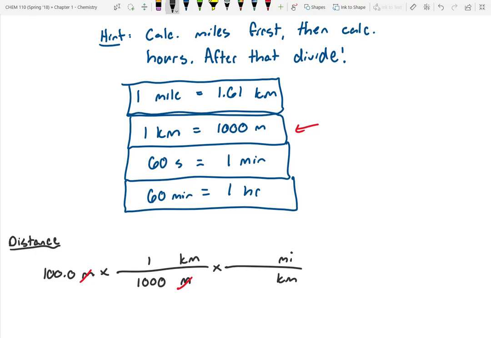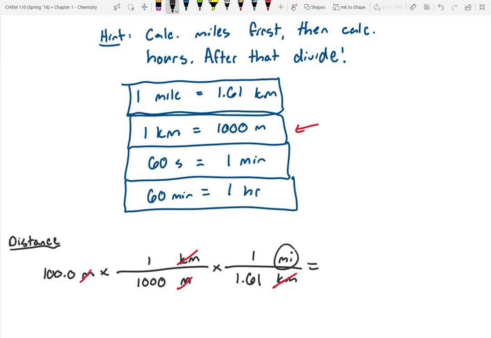All right, so now which number goes where? Yeah, 1 mile goes on the top, 1.61 goes on the bottom. We can cancel out kilometers, and we can get to our miles, right? Okay, so let's go ahead and plug that into our calculator. So we've got 100 times all ones.